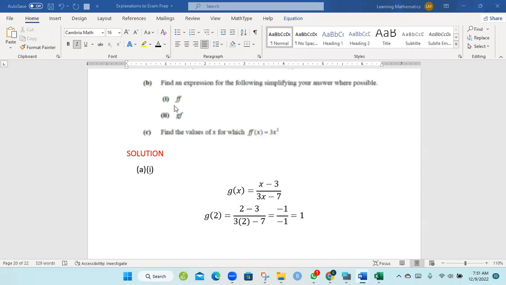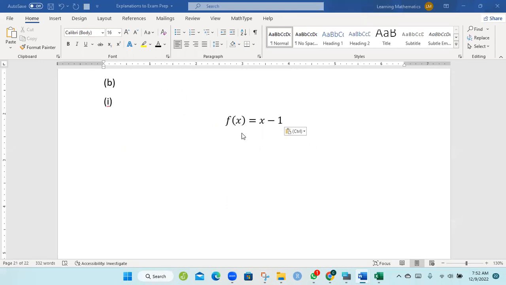B part 1 says we have to find f of f. So we need to find f of f, so we have to find what is f first. f is x minus 1. So finding f of f is finding f of x minus 1.